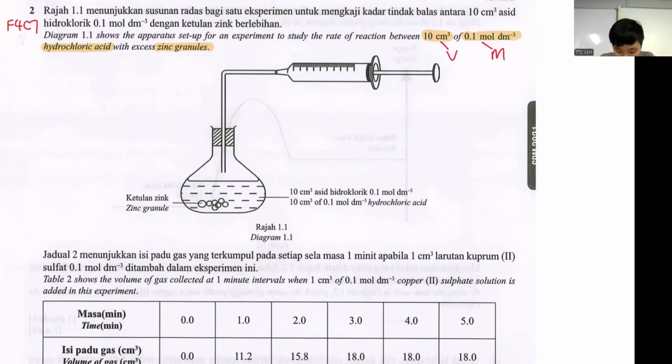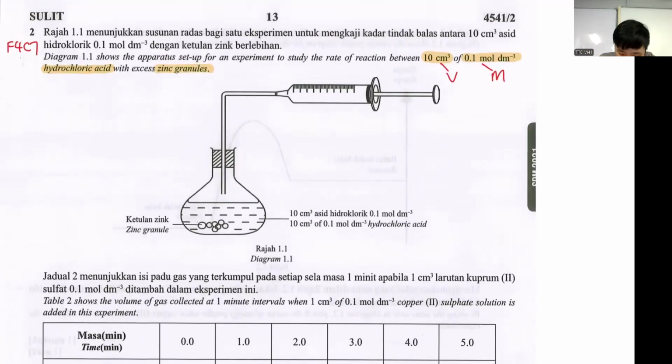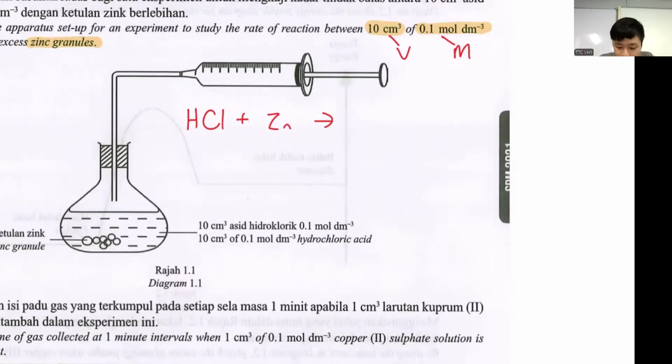So if you ask me about the equation, this is HCl for hydrochloric acid. Zinc granule, zinc, right? So if that's the right equation, what can they be? This is ZnCl2.